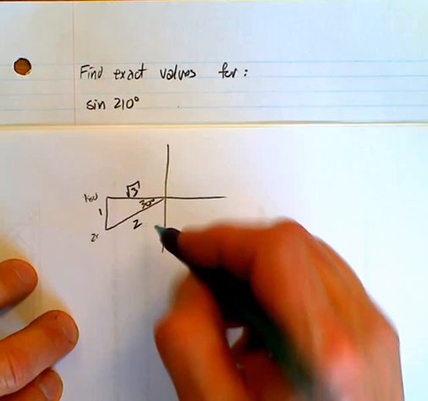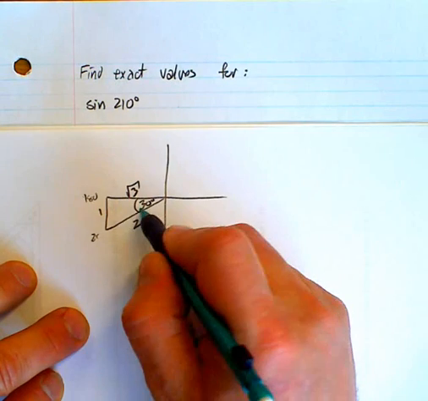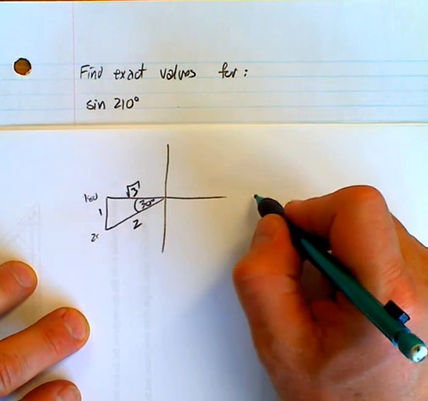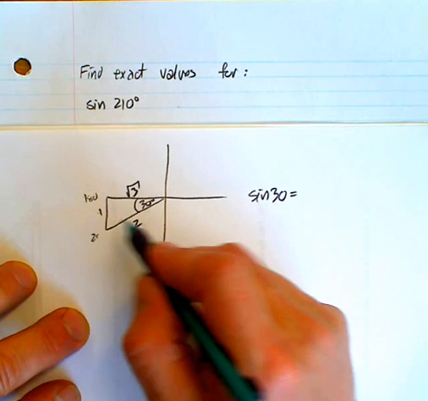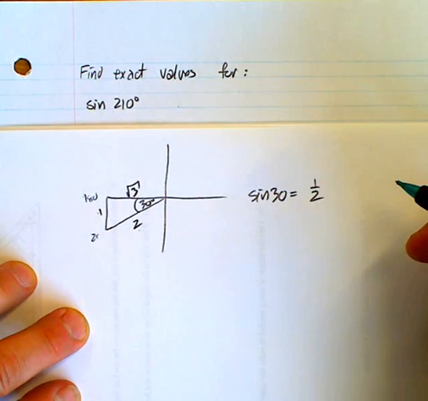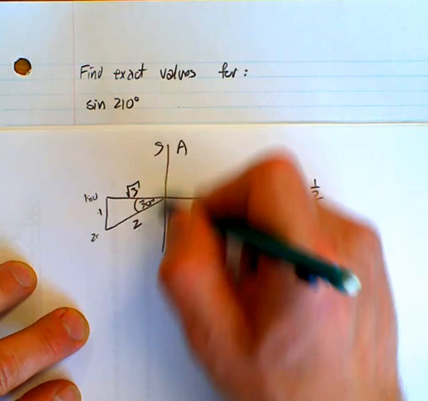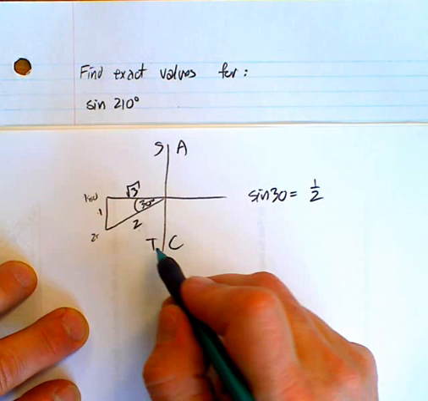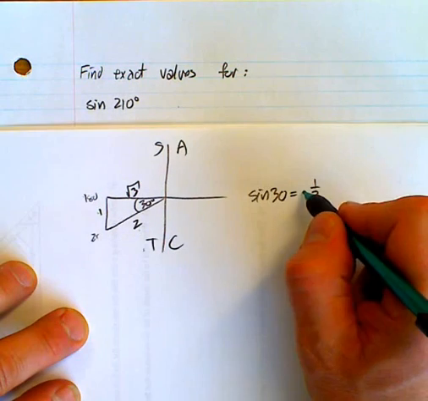So now if I want sine 210, it's the same as sine 30. So sine 30 is equal to 1/2. Now you got to figure out, is this positive or negative? Now, if you look at the all sine tan cos thing, you'll see that sine is not positive down here, so it's equal to negative 1/2.